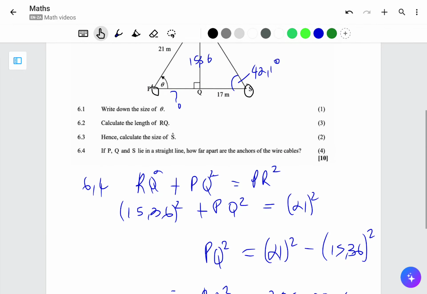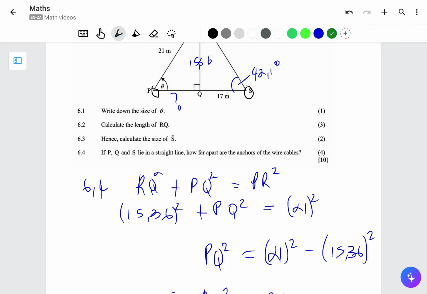But remember, we're not done. The question said, how far apart are those anchors? So they want to know how far apart is this distance over here. We still need to get that bit of information. We just found this number, it's 14.32. So all we're going to do now is add PQ plus QS.